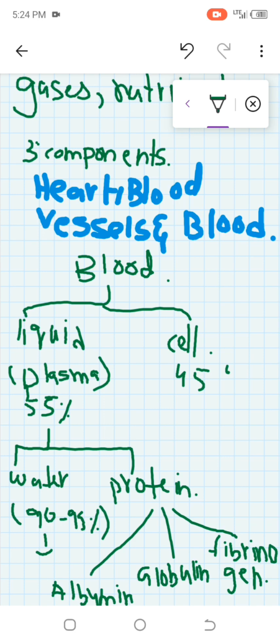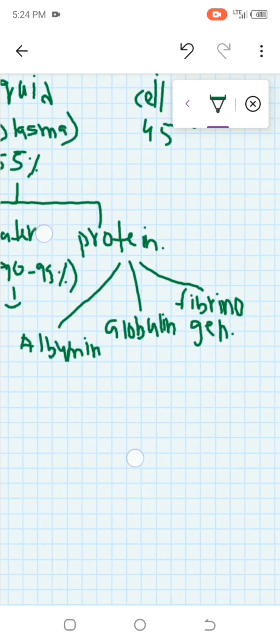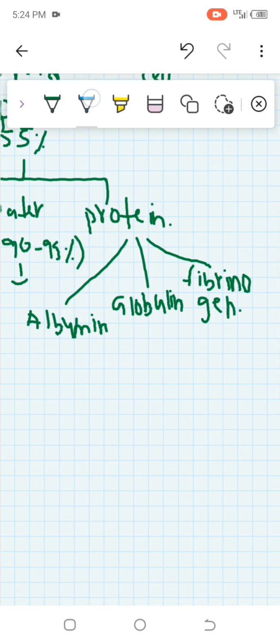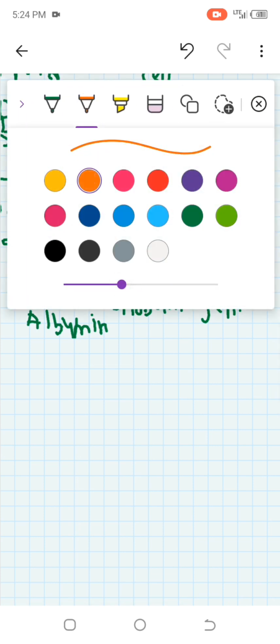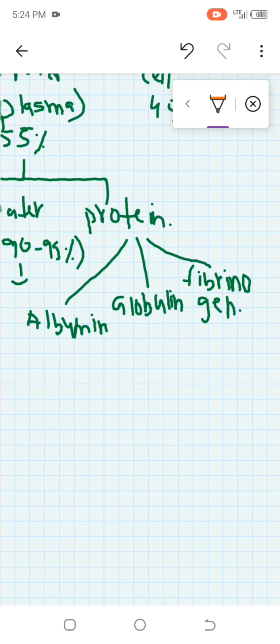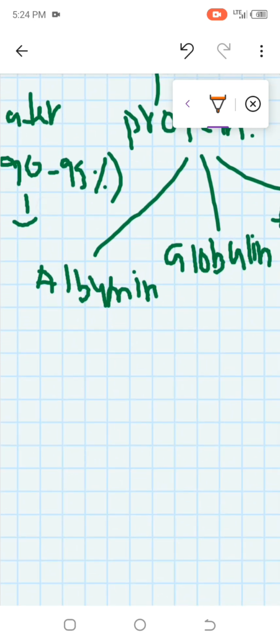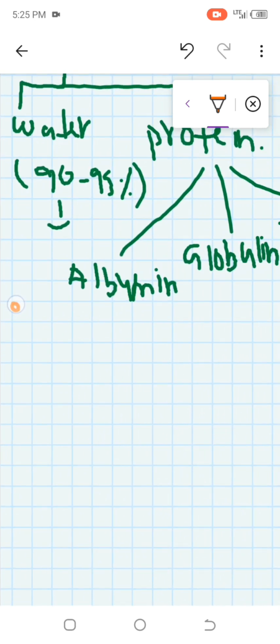Now we are going to look at the details of these proteins. First of all, albumin is the protein which is used to retain water, and it maintains the osmotic balance.